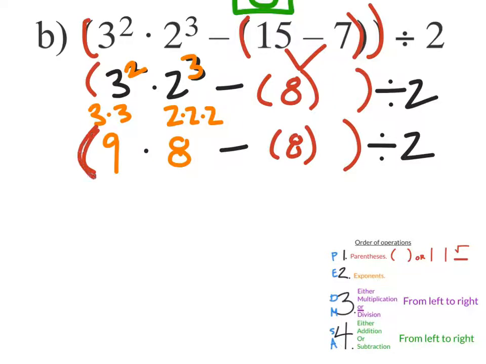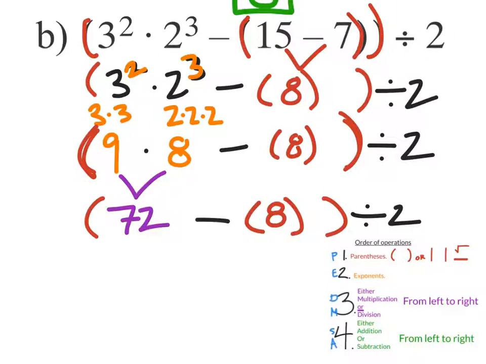Now, inside this set of parentheses here that I've highlighted, there's no more exponents, but there is some multiplication right here with the 9 and 8, which is 72. So now I've got 72 minus 8 in the parentheses, which is, let's see, it should be 64 there.